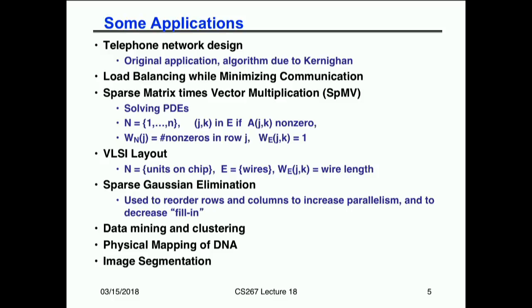And the 80s application was very large-scale integrated circuit layout. Again, this is an economic problem too. You're trying to design the circuit such that minimal wires cross. Same problem as telephone, except on a different scale. And then, in sparse Gaussian elimination, it actually is used to increase parallelism and decrease fill-in. Because you can convert most of the partitioning algorithms to an ordering algorithm by sorting them with respect to the partitions.